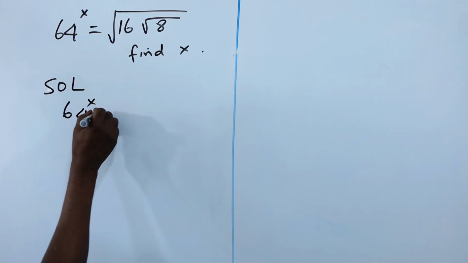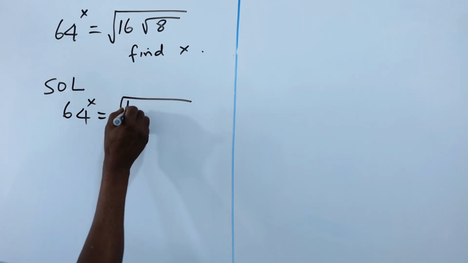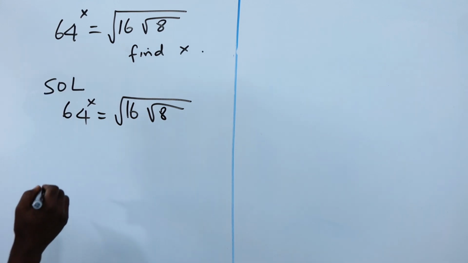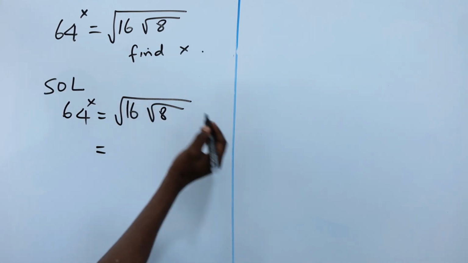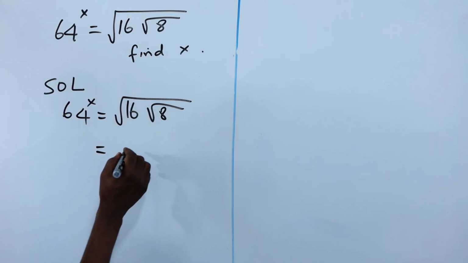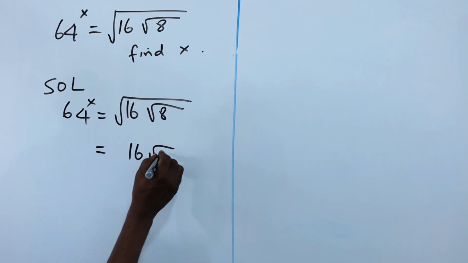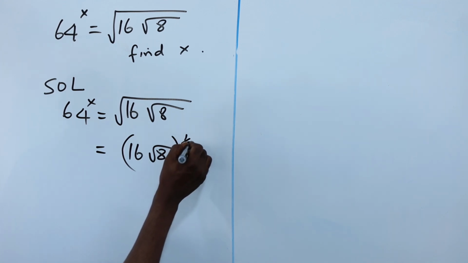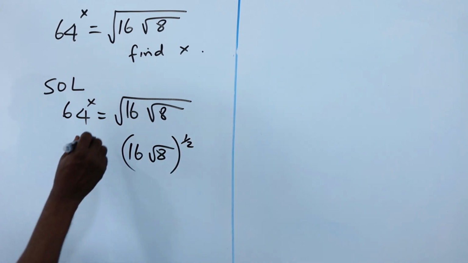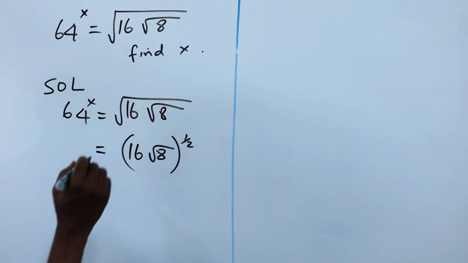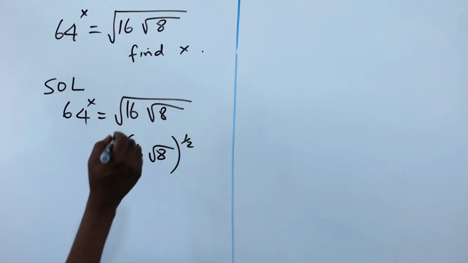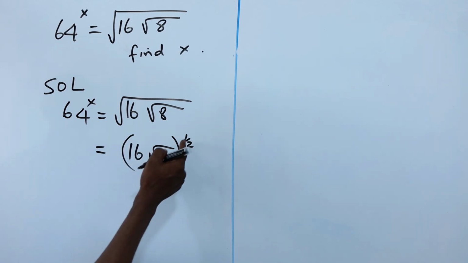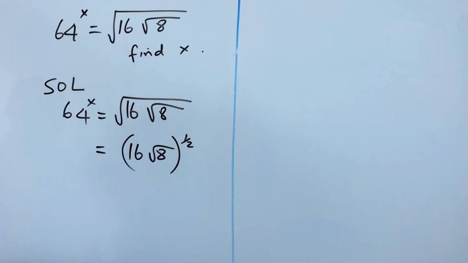64 raised to power x is equal to 16 times square root of 8. The right hand side can be written as 16 times square root of 8 all to the power of half, because the square root operator is the same thing as raising whatever is inside it to the power of half.